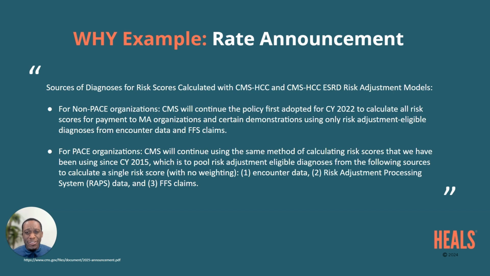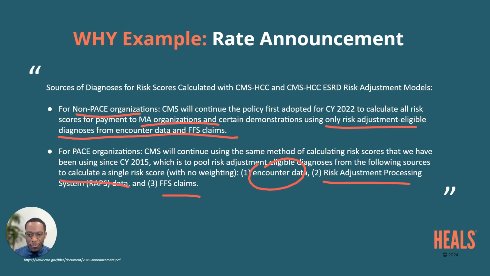The why example that we've been using all throughout the month is the importance of knowing these data sources. For example, the 2025 rate announcement says that for non-PACE plans, CMS will be calculating risk scores for MA organizations and certain demonstration programs using only risk adjustment eligible diagnoses from encounter data and fee-for-service. For the PACE organizations, it is a pooled diagnosis from encounter data, from RAPS, and also from fee-for-service.